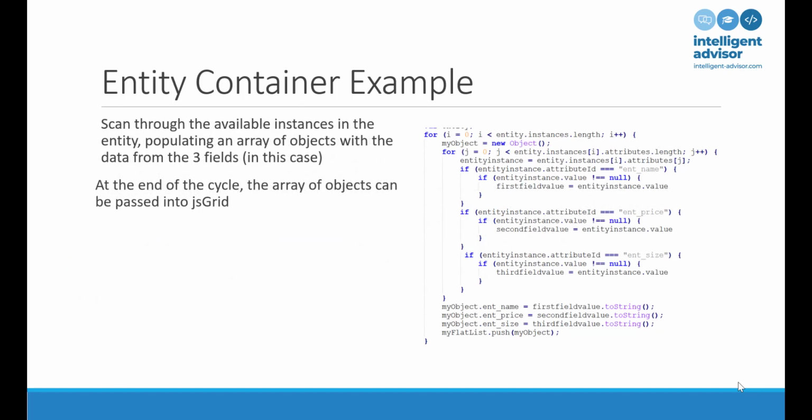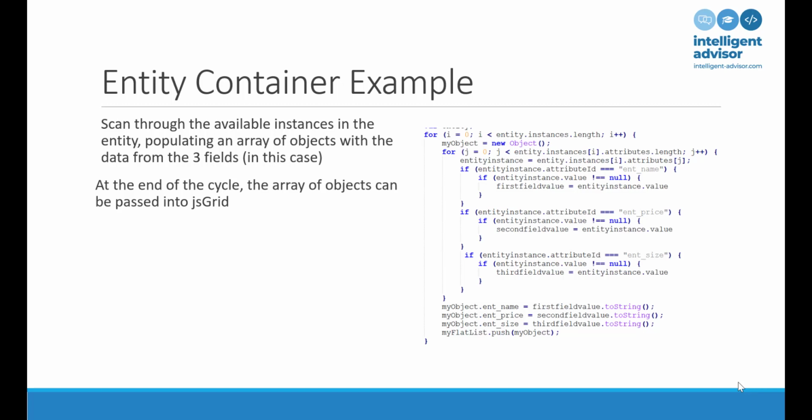Once I've found my entity, what am I going to do? Well, you're going to iterate through the instances and maybe draw 1 row per instance. In the code on the right, you can see that I'm iterating through the instances and I am populating a JavaScript object with various pieces of data, and then I'm pushing the object into an array.